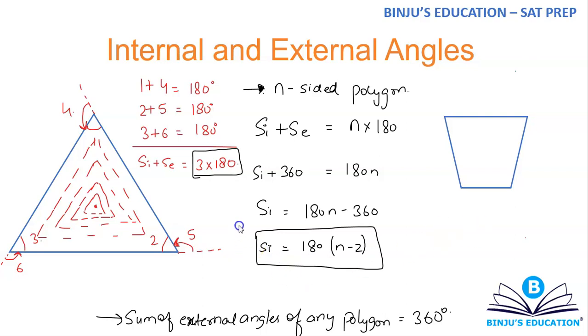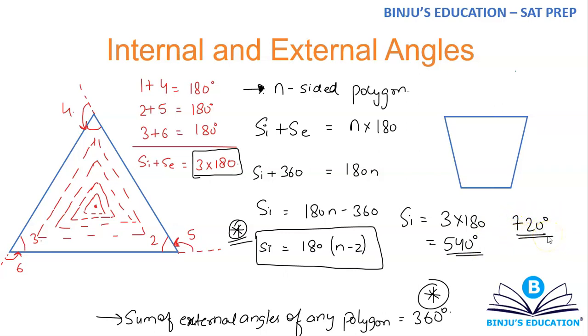So first is this, and second is this. For example, if I ask you to find the sum of internal angles of a pentagon, a pentagon has 5 sides. So this will become 5 minus 2, 3 into 180, which is equal to 540 degrees. If I ask you for a hexagon, replace n by 6. So 6 minus 2 is 4, 4 into 180 is 720 degrees.